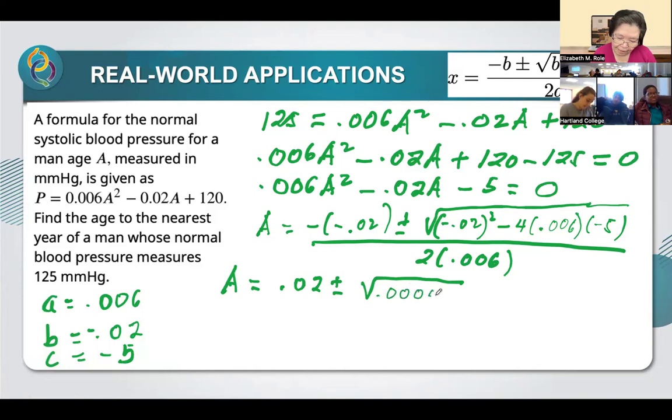Yes, there are 3 zeros and a 4. Plus your 4 times 0.006 times 5, that will be a plus because it's a minus minus.